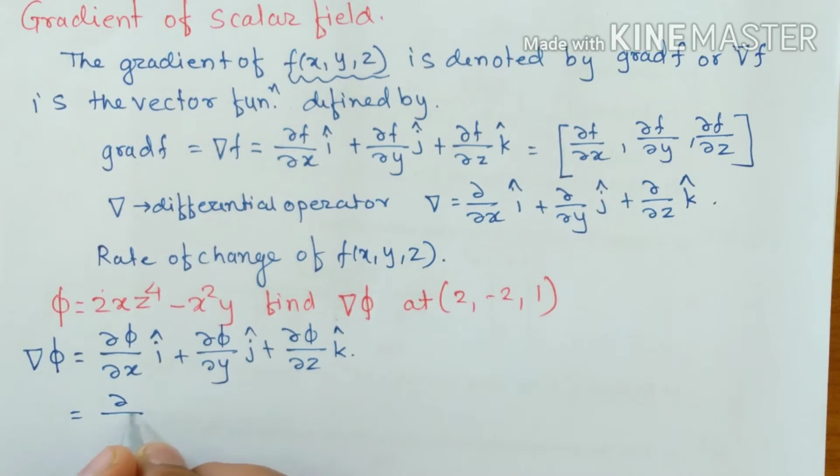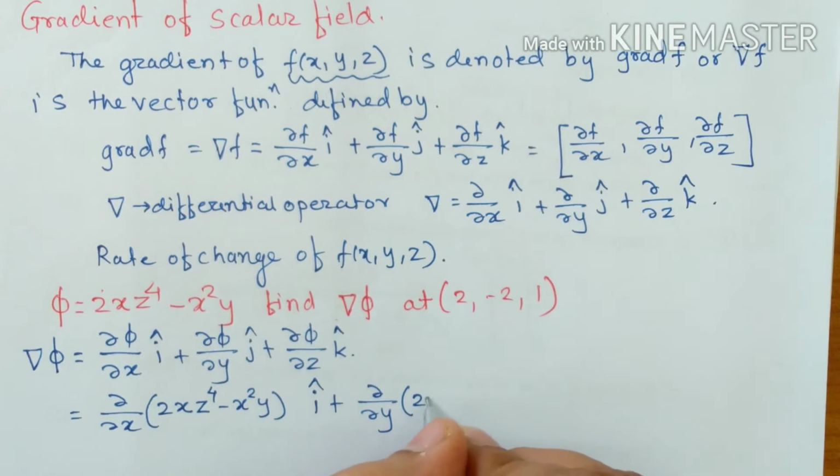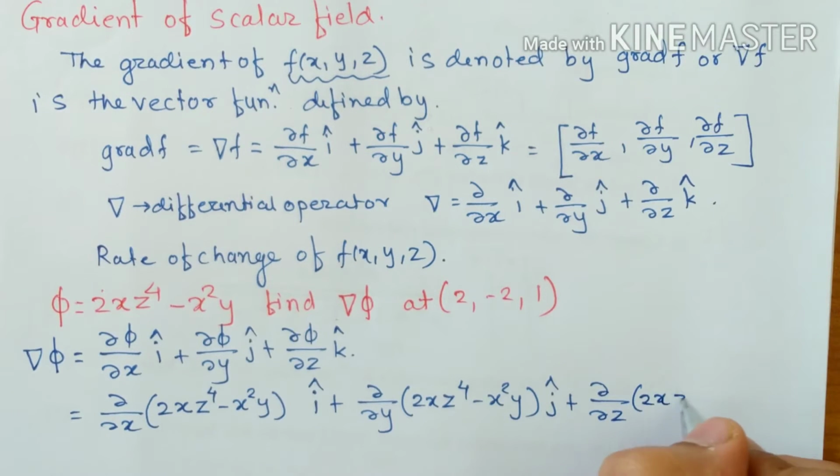So this is nothing but ∂/∂x of phi, that is 2xz^4 minus x^2 y, into i cap plus ∂/∂y of (2xz^4 minus x^2 y) into j cap plus ∂/∂z of (2xz^4 minus x^2 y) into k cap.